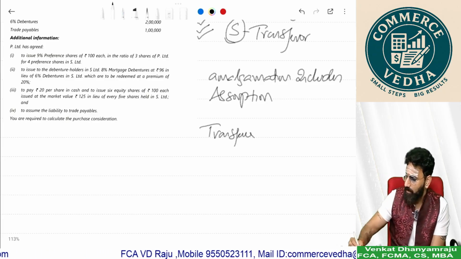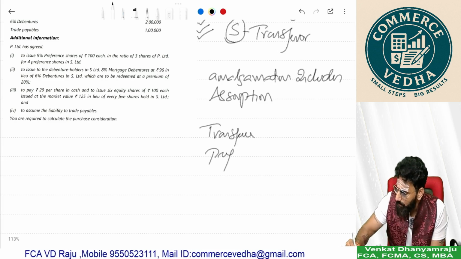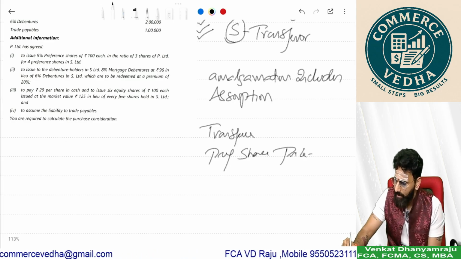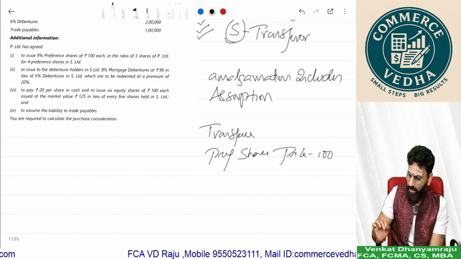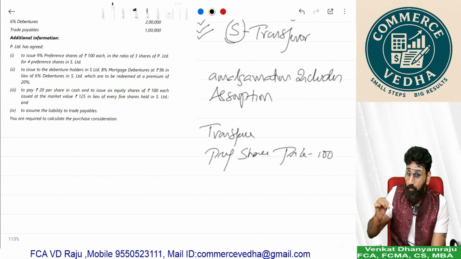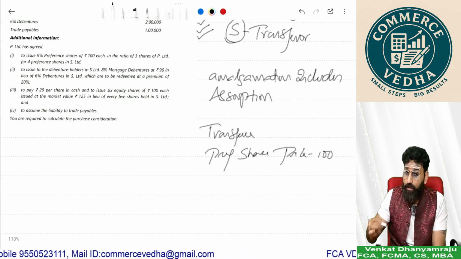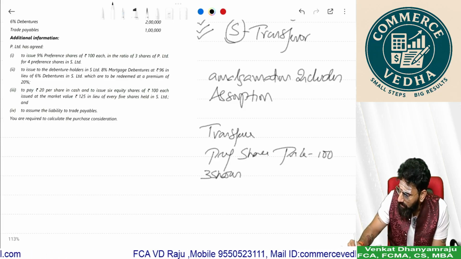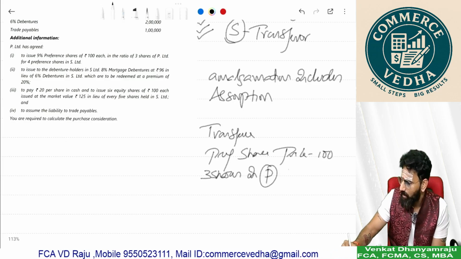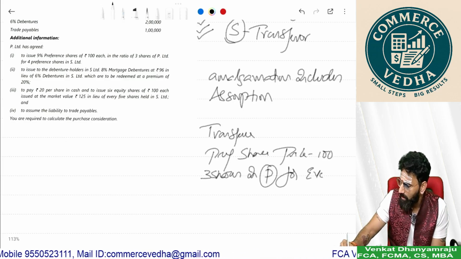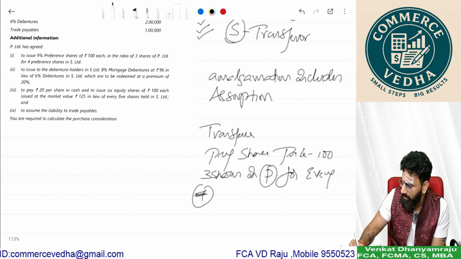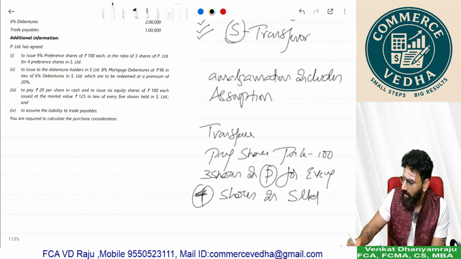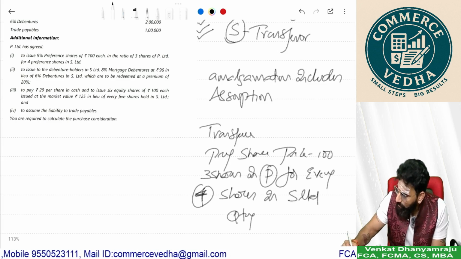Here the price is clear: preference share price 100 each, in the ratio of 3 shares in P for every 4 shares in S Limited. It means the quantity is also clear.